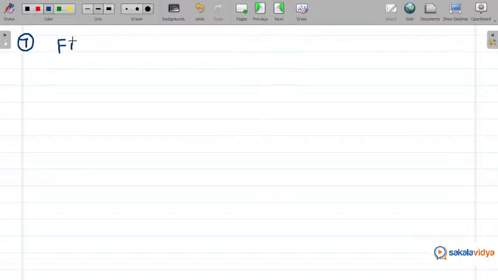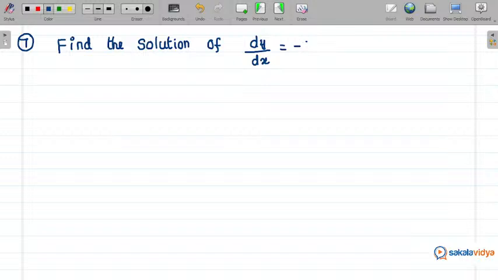Find the solution of dy by dx is equal to minus x upon y at x is equal to 1 and y is equal to root 3.